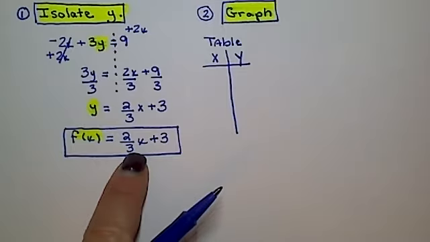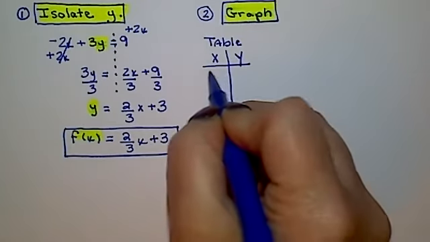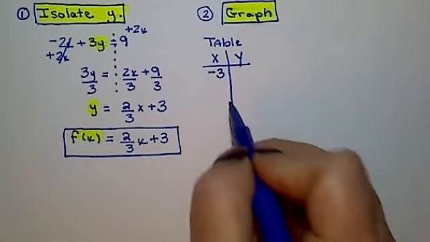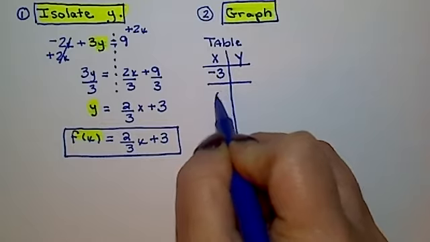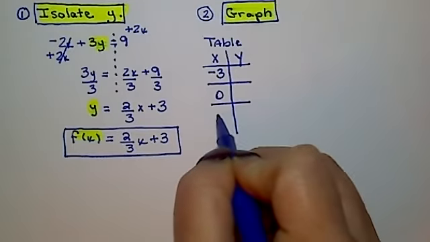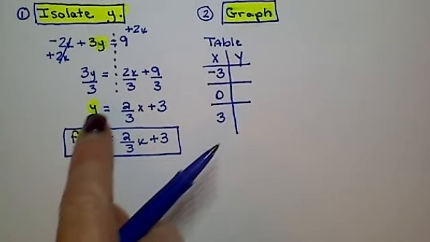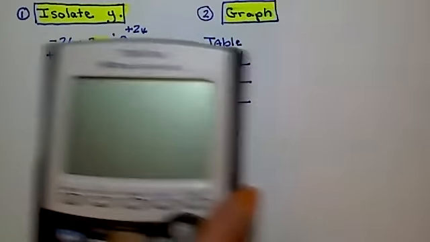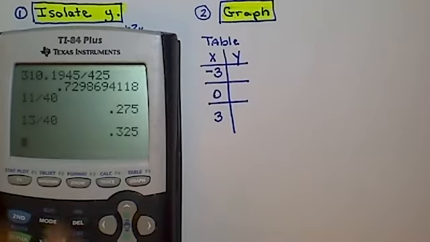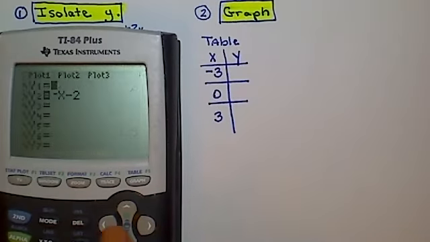So I'm going to pick the number on the bottom, the negative of that number. I'm going to pick 0 and the positive of that number. Now you have to get your y by itself where you can type it into the calculator, and that way you can access your table.